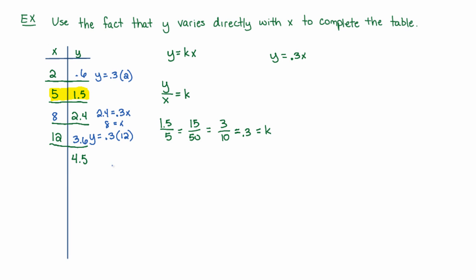And finally, this last one, I have 4.5 is equal to 0.3x. If I divide both sides by 0.3, I should get that x is equal to 15. So all you need is some link, some pair, basically, that you have both pieces of information for to create that link between y and x so that you can find the constant of variation.